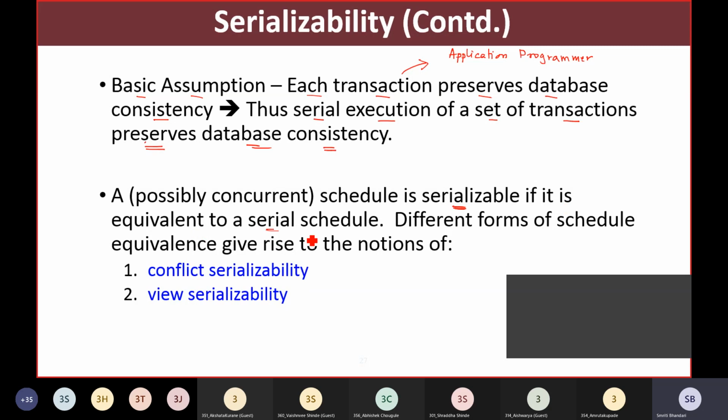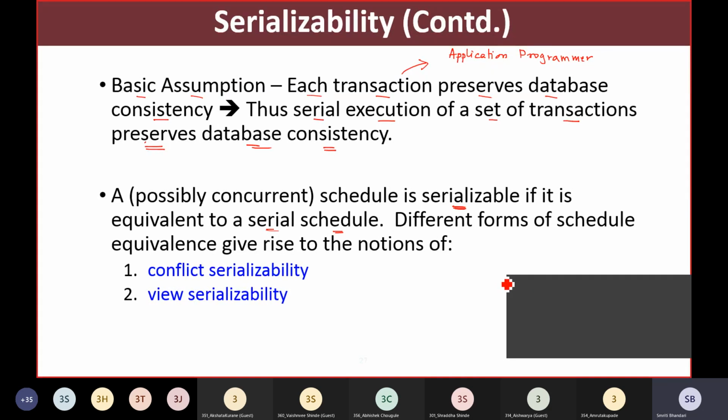So a schedule is serializable if it is equivalent to a serial schedule. I'll repeat what I'm saying. A schedule, possibly a concurrent schedule, is serializable if it is equivalent to a serial schedule.